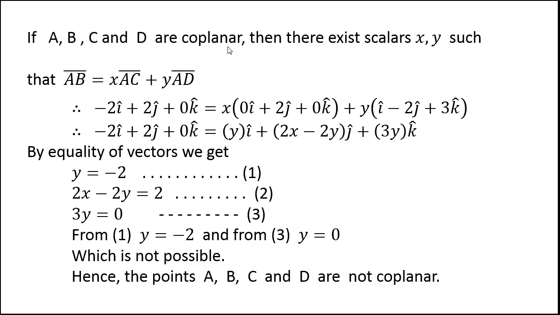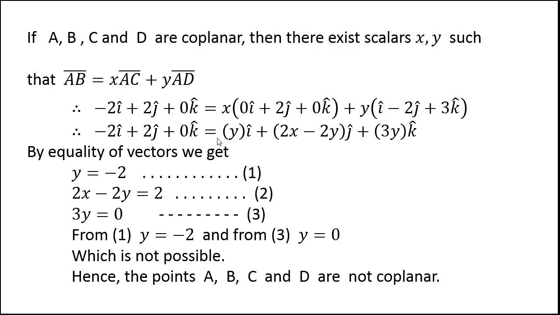Points A, B, C, D are coplanar if and only if vectors AB bar, AC bar, AD bar are coplanar. So we assume that these points are coplanar, and because of that we have this equation.